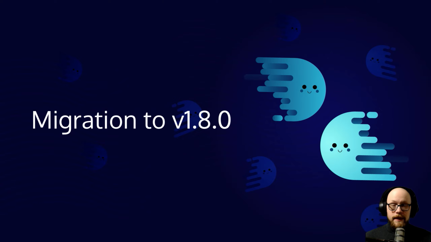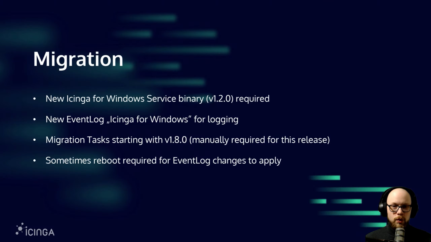Now, the biggest thing is there are some additional steps required to migrate to 1.8.0. And the biggest one is that if you're running the Icinga for Windows service, you will require a new service binary in version 1.2.0. That has already been released 2 weeks ago.